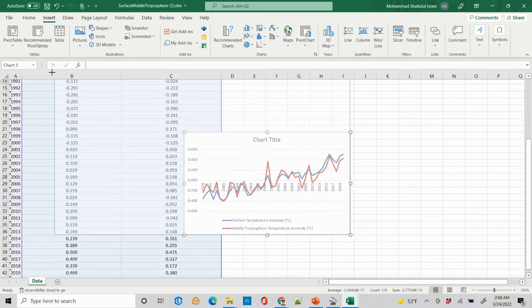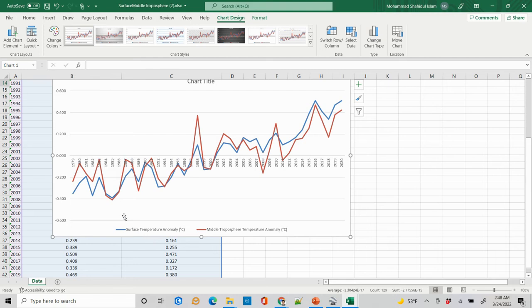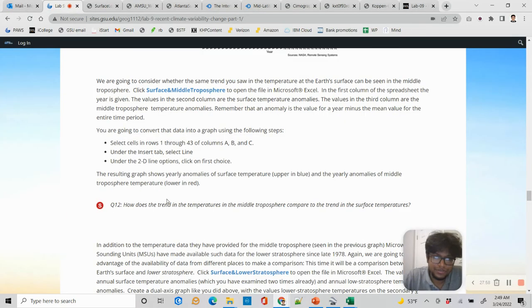Now it's showing you a graph comparison, between the surface temperature, the blue line, and the middle troposphere. There was some year when there was a significant difference here again. So just go through the graph and answer some questions based on that.